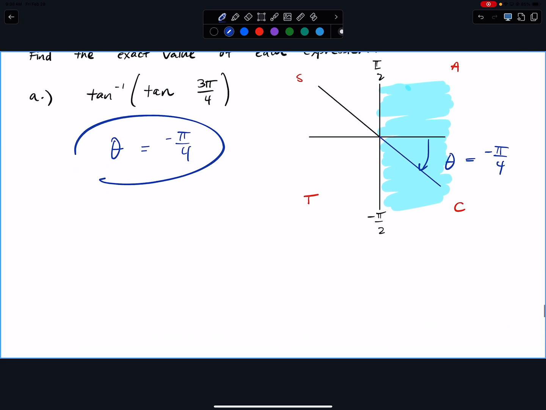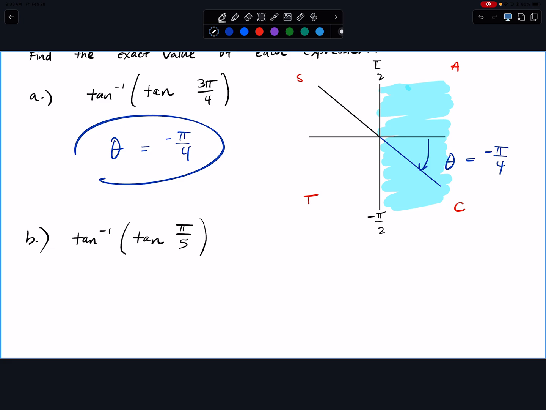All right, B. Is this angle on my unit circle that I'm used to seeing?